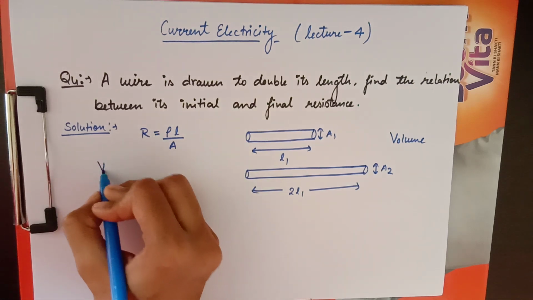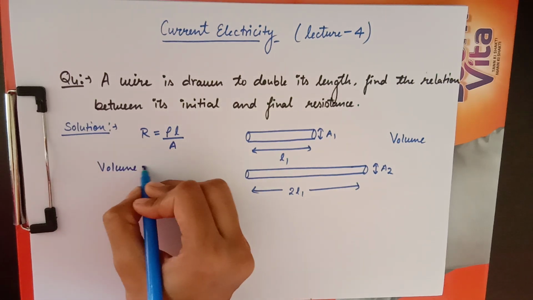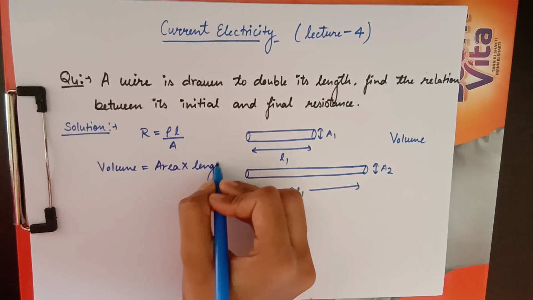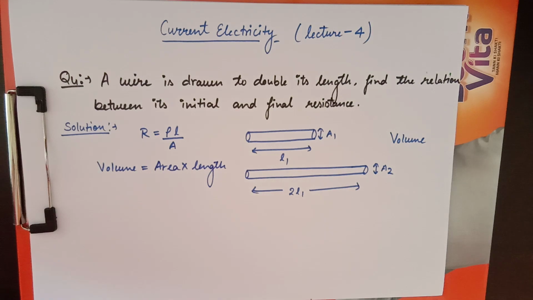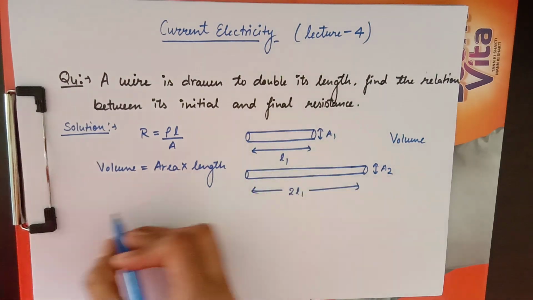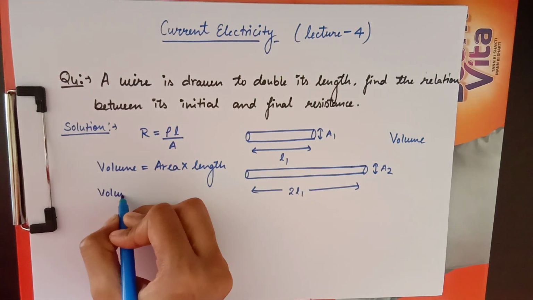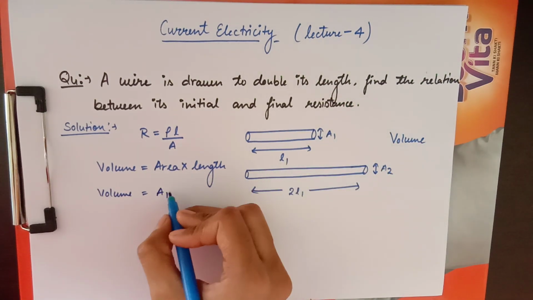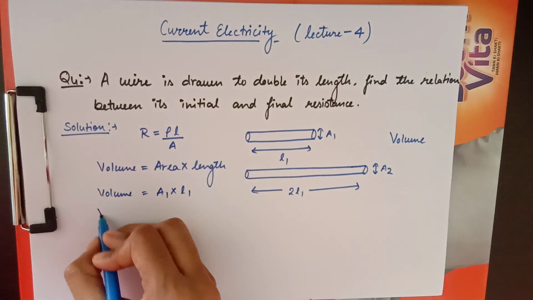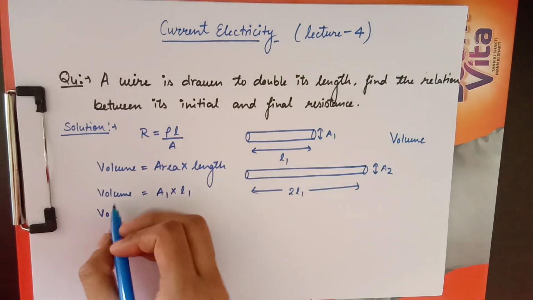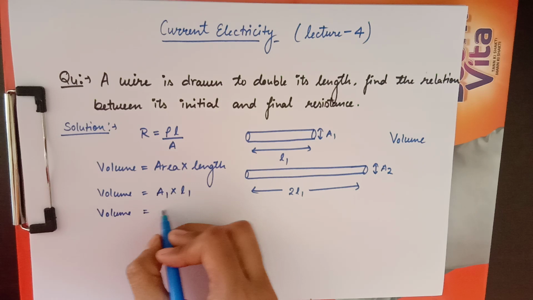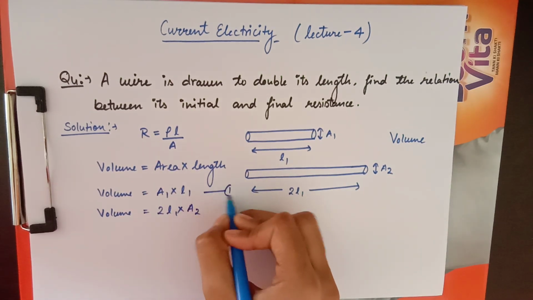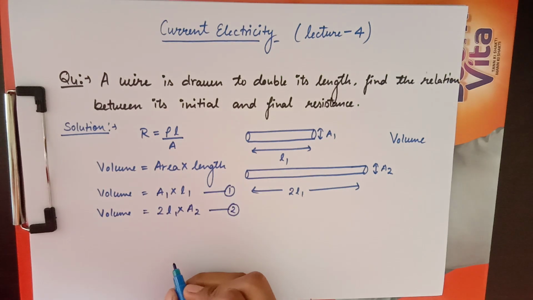When the length was L and after the length becomes 2L, volume remains same. As you know, volume can be written as area into length. So initially volume was equal to area of cross section A1 into length L1, and after the elongation volume is equal to 2L1 into A2. This is equation number 1 and this is equation number 2.